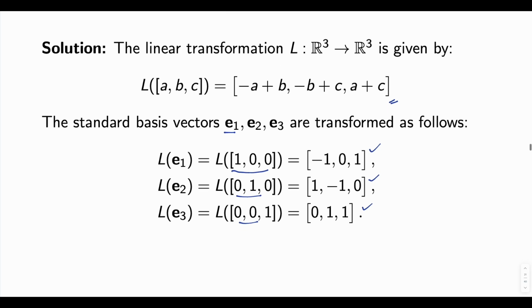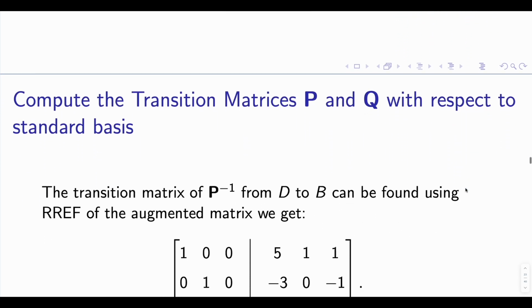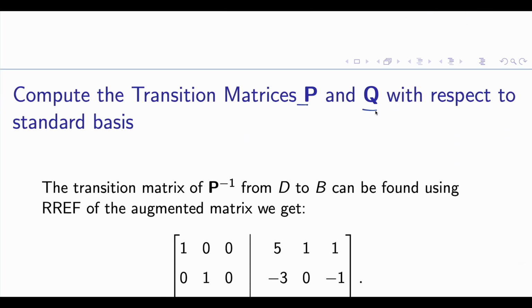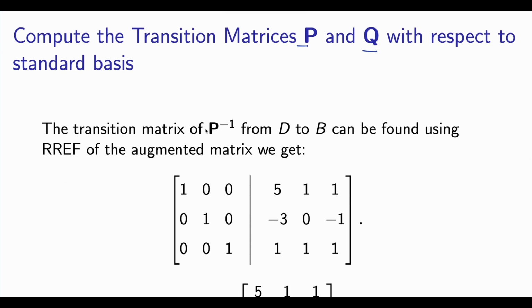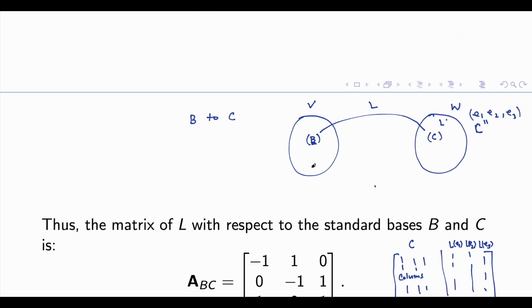Now the second part is that we have to find the transition matrices P and Q with respect to the standard basis. Again, if you see the transition matrix P inverse from D to B, in this map, D and E. So we have to find the transition matrix P inverse, right?